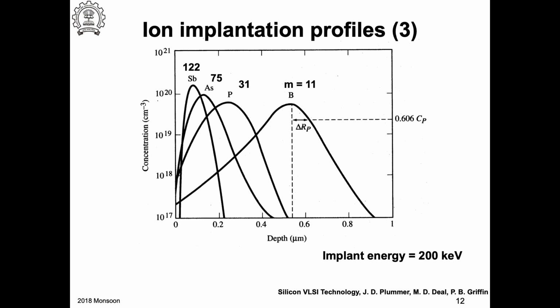No, channeling we'll discuss shortly. So the thing is that the light elements can be bounced back. They're coming with high energy, but if a really big element comes, it tends to go further.